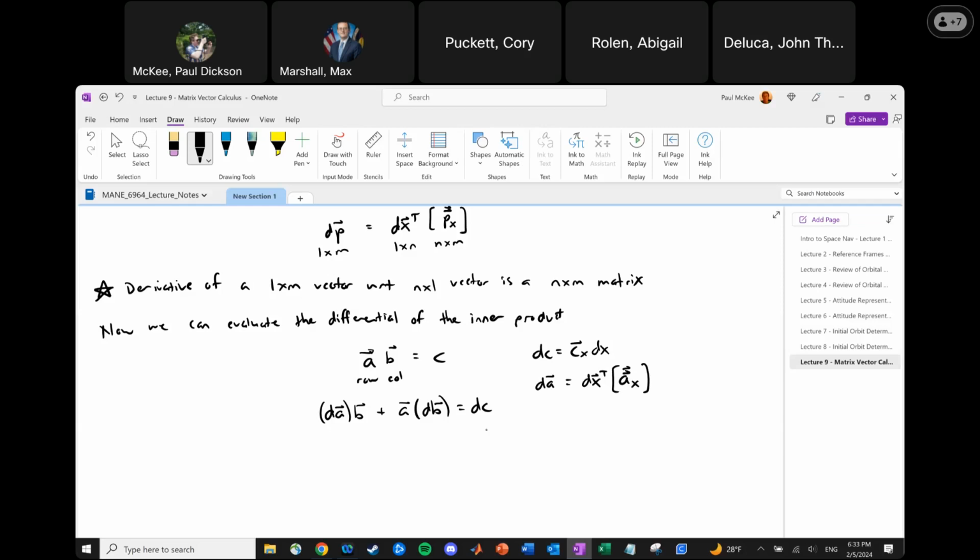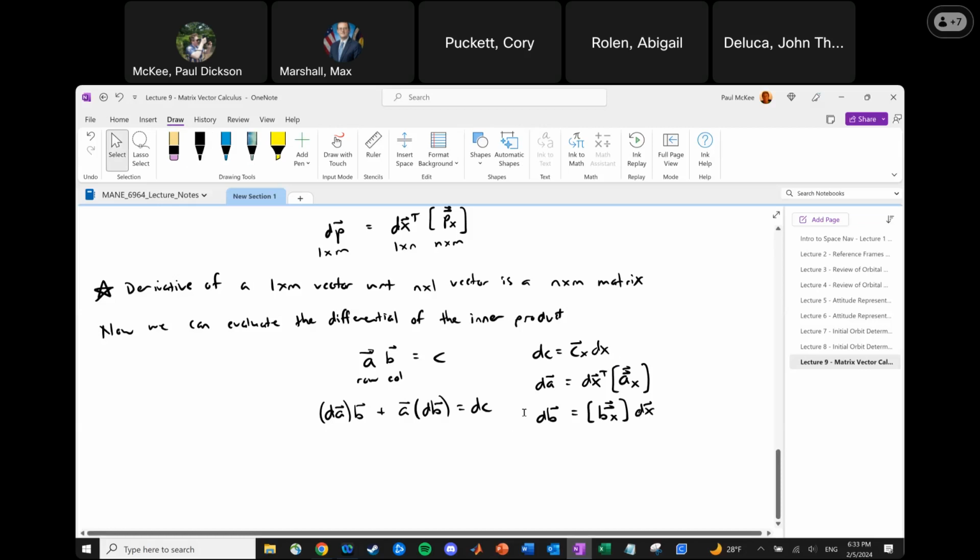That's going to give us a matrix. And similarly, dB is going to look like B sub x double over bar dx, also with the vector. So this is just piggybacking off of the last couple of things that we've discussed. All these are going to come together now.